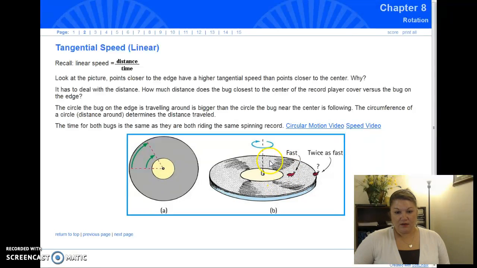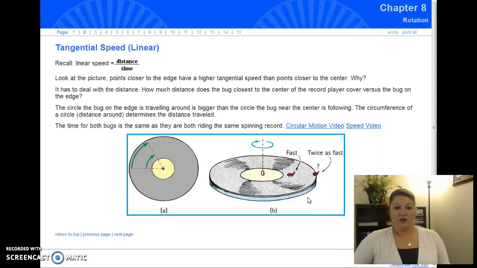This little bug is covering a circle that's about this big, but this bug is covering a circle that's that big. So who's going the bigger distance? This little bug on the outside of the circle is going a bigger distance because the record is rotating in the same amount of time. But being out here at the edge, the little bug covers more ground.